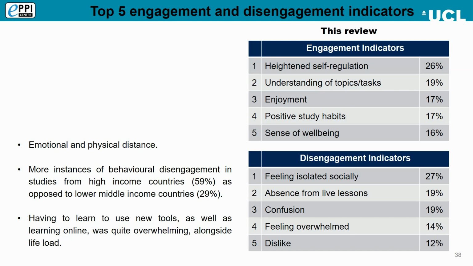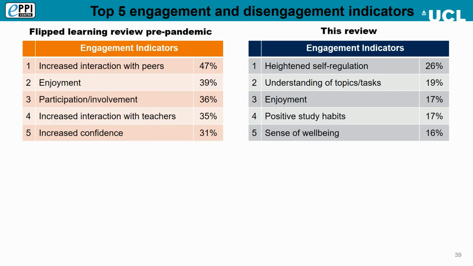When you compare the flipped learning review that I talked you through just earlier with this particular review, you can see quite a stark difference in the percentages of engagement that were found. Obviously, it's very difficult. You can't really compare the studies like for like, given that these are completely different contexts, completely different studies, but it is interesting to draw some comparisons. I think it's really quite obvious that there was a real lack of interaction with peers and with teachers.